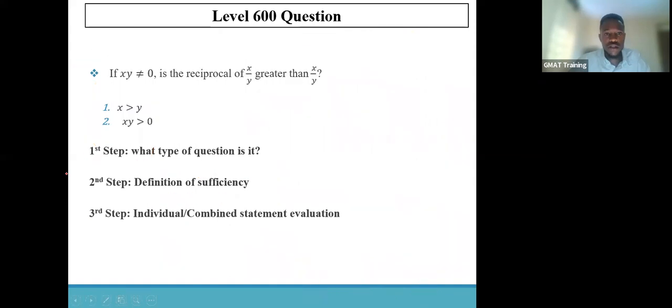Okay, so the second question states that if x multiplied by y is not equal to 0, then is the reciprocal of x over y greater than x over y. So in essence, what this question is asking is whether x over y is greater than y over x.